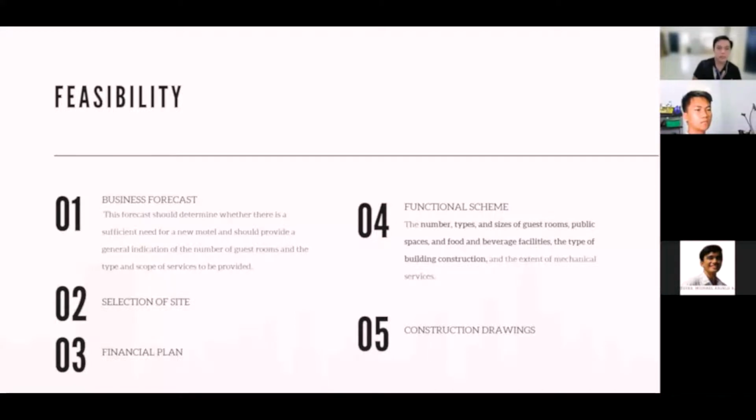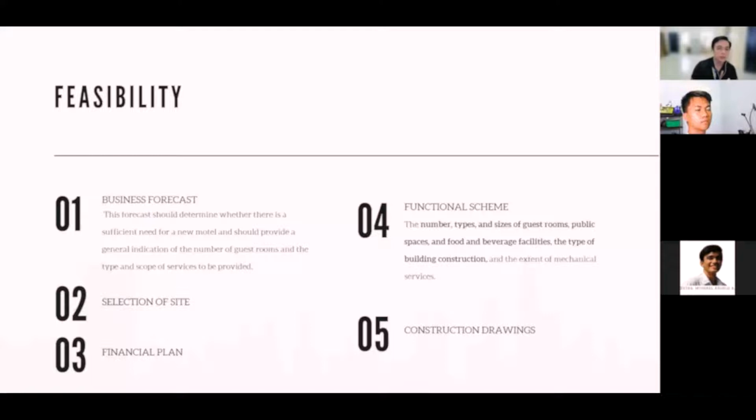So one is the business forecast. This forecast should determine whether there is sufficient need for a new motel and should provide a general indication of the number of guest rooms and type and scope of services to be provided. So that's the business forecast. Dito madedetermine kung is there a need for this type of structure on this site.